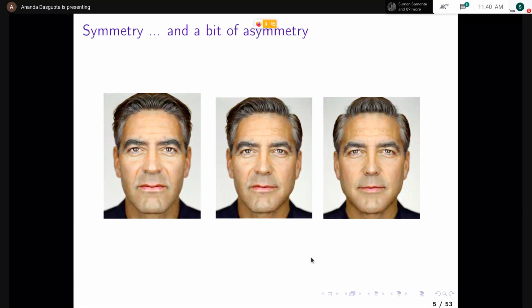Now, aesthetics is a matter of personal taste, but I'm pretty sure most of you will agree that among the three pictures that you have seen here, the left-hand and the right one, which are exactly symmetric because that's how they were prepared, the actual one, which is almost symmetric but has a degree of asymmetry, is perhaps more pleasing to the eye than these two artificial-looking pictures on the two sides. Now, this aspect of symmetry with a bit of asymmetry mixed in is going to be part of the theme of my talk.